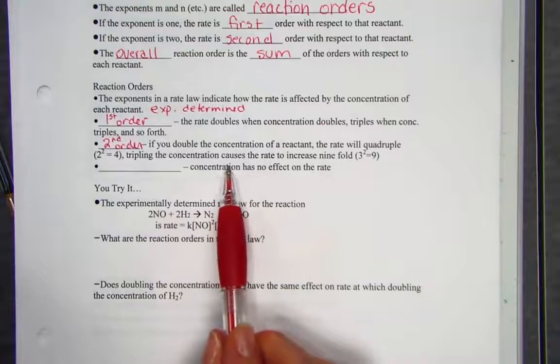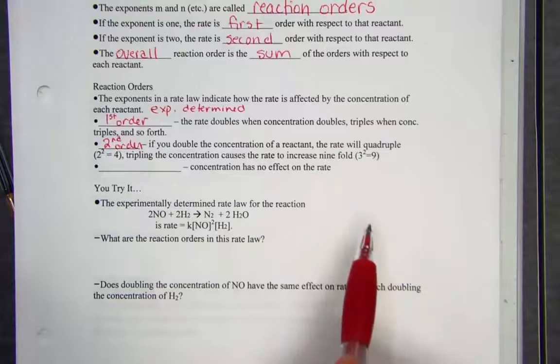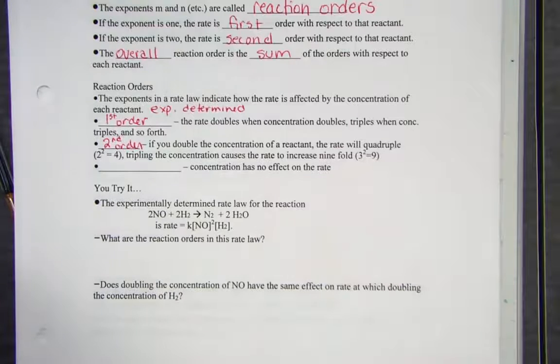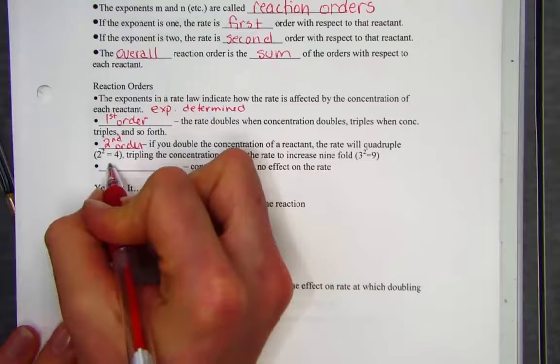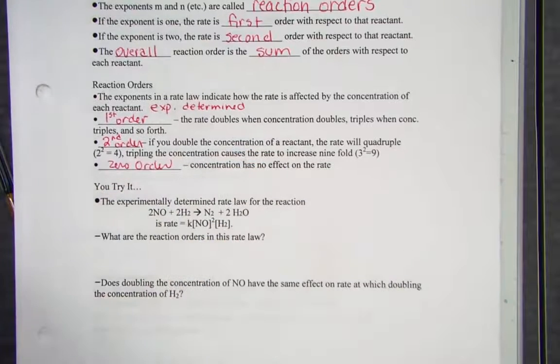Tripling the concentration caused it to go 9 times as fast, 3 squared is 9, still giving us second order, squaring the concentration to find the effect on the reaction rate. And we said a 0 order: no matter what I do to the concentration, it does not affect the rate of reaction. Therefore, it must not play a key role in the reaction mechanism.